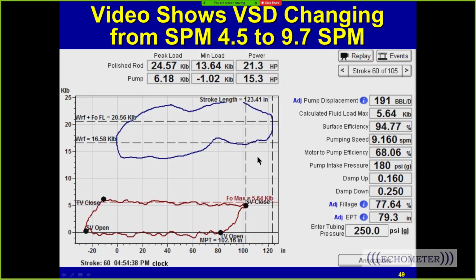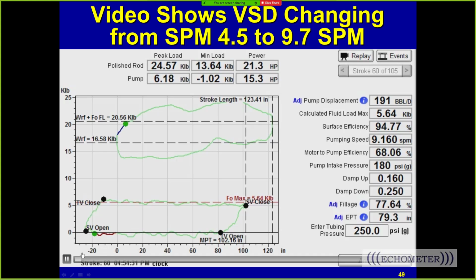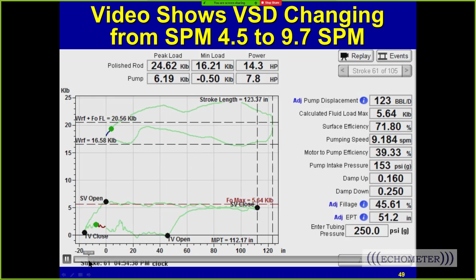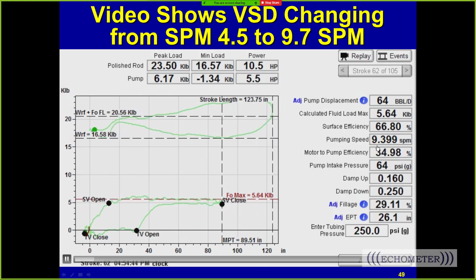So here is the animation of this data, and it starts off going fast, 9 strokes a minute, and the pump is filled with liquid, and then it starts to pump off, and the variable speed drive is going to start to try to slow the system down.